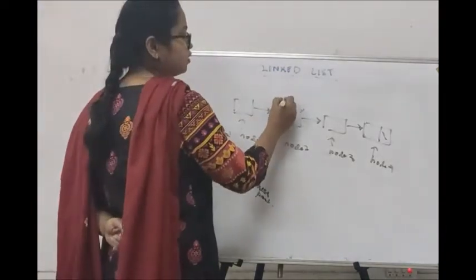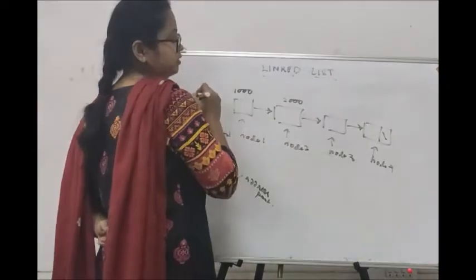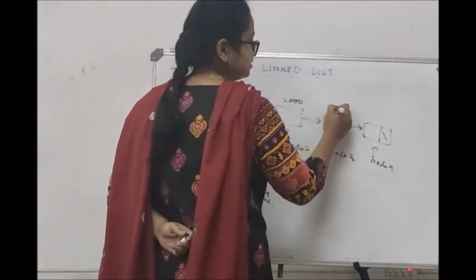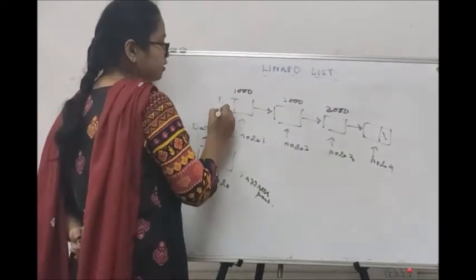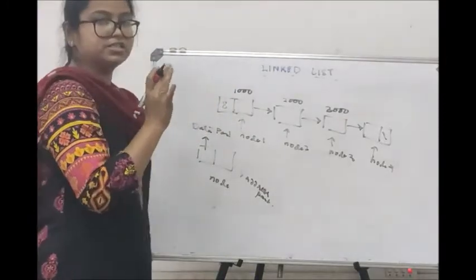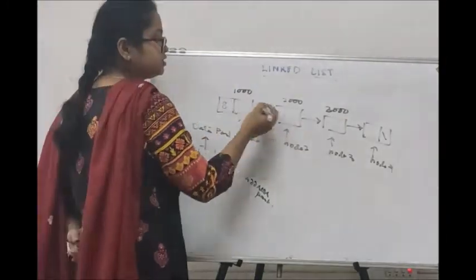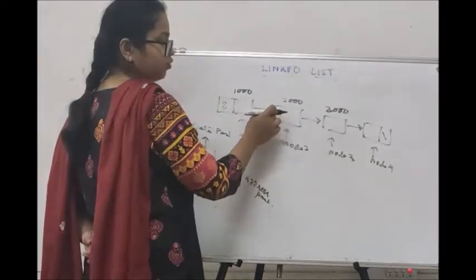Suppose this node is stored at address 2000. This node is stored at address 1000. This is at 3000. I'm just taking these randomly. Suppose the data is 8, we are storing integer data. What is the node pointing to? Node 1 is pointing to node 2, right?